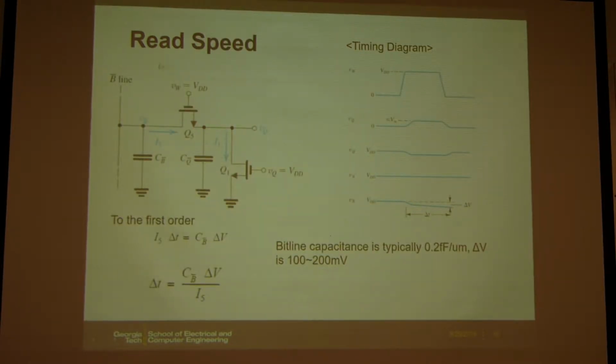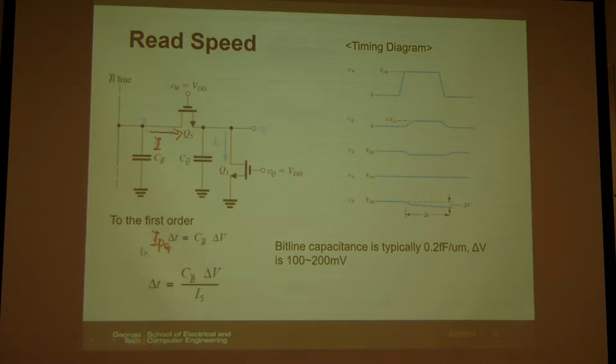And we can also consider the read speed. To the first order, any delay of the circuits is due to the charging and discharging. So you can think the current through the pass-gate, this cascade current, multiplied by the delay will be the charge you moved from the bit line.